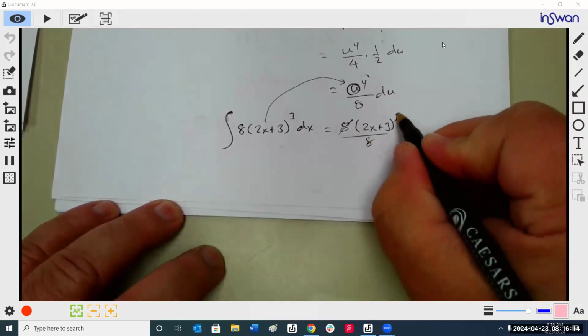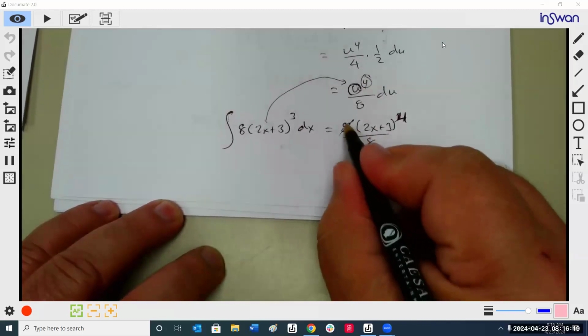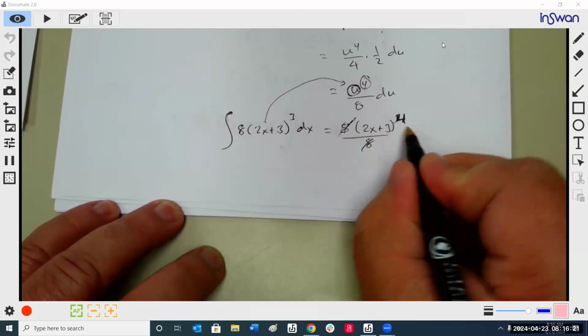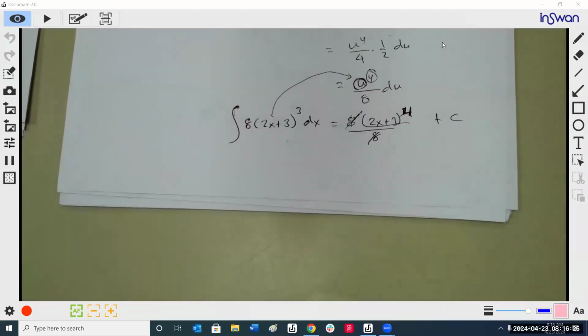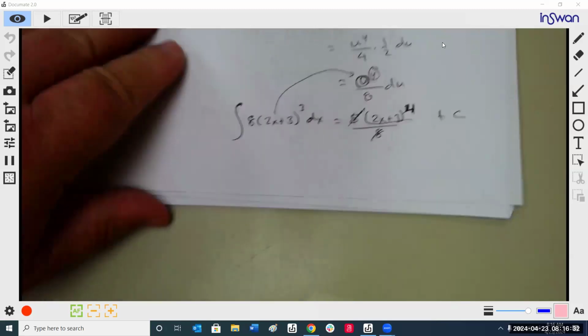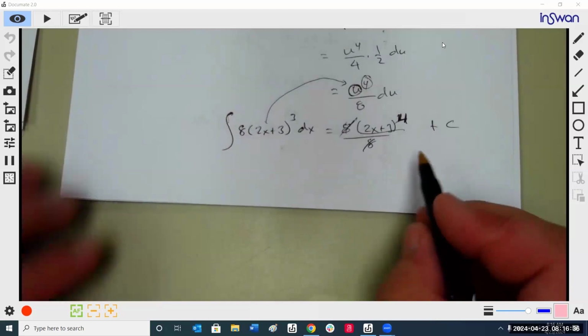Not 4, I'm sorry, because it's the fourth power. So the 8's cancel. And we have our integral, which is exactly what our function started off as being, (2x plus 3) to the fourth.